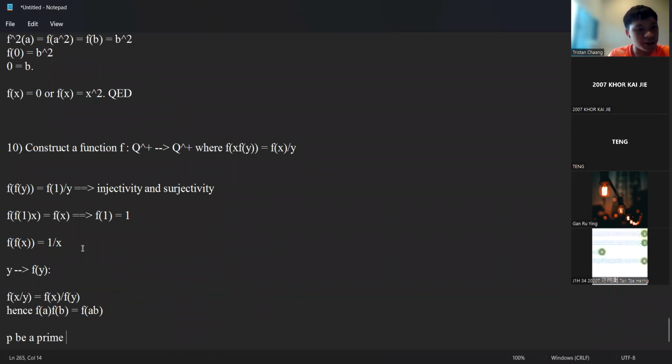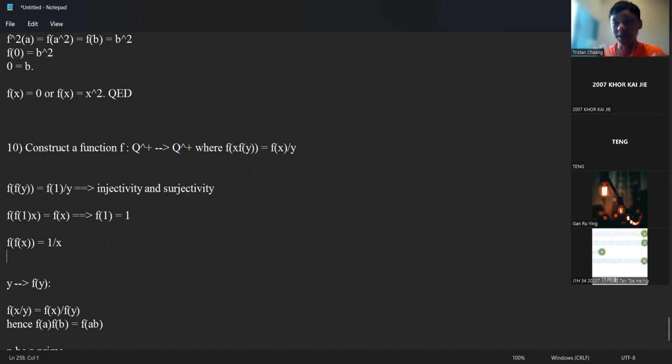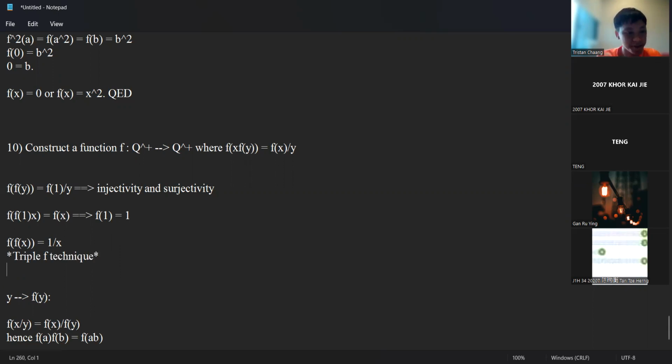And also, oh yeah, this is another technique before we end the class. It's called the triple F technique. Sounds a bit weird, but this is what you do. For f(f(x)), you apply f outside, which means you get this.